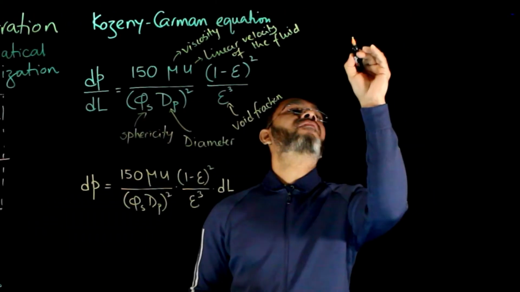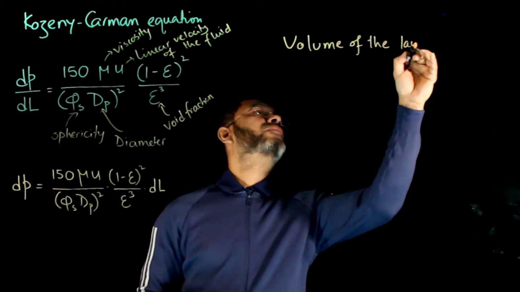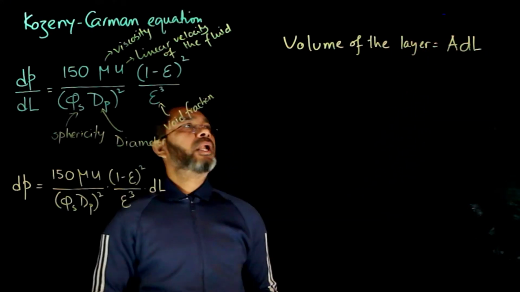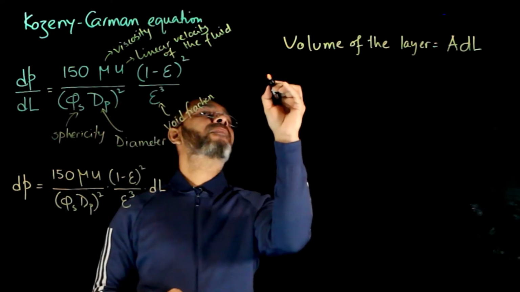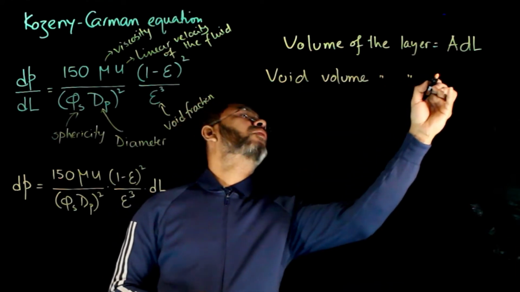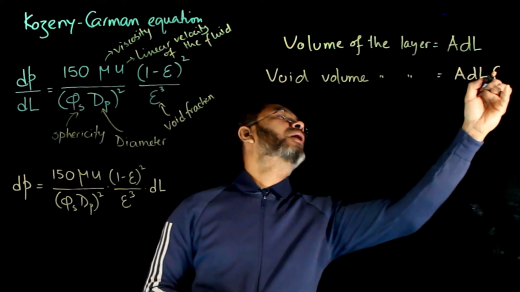So we have the volume of the layer A dl. Now if we have the void fraction to be epsilon, then the void volume in the layer will be A dl epsilon.